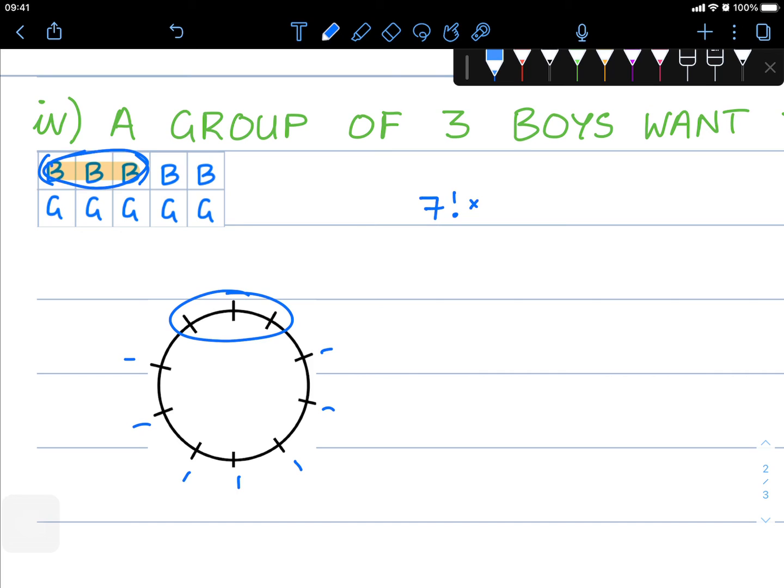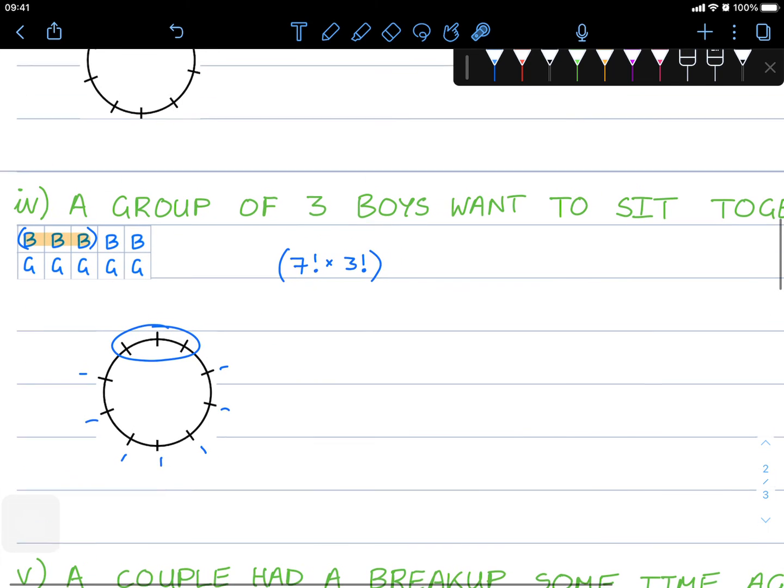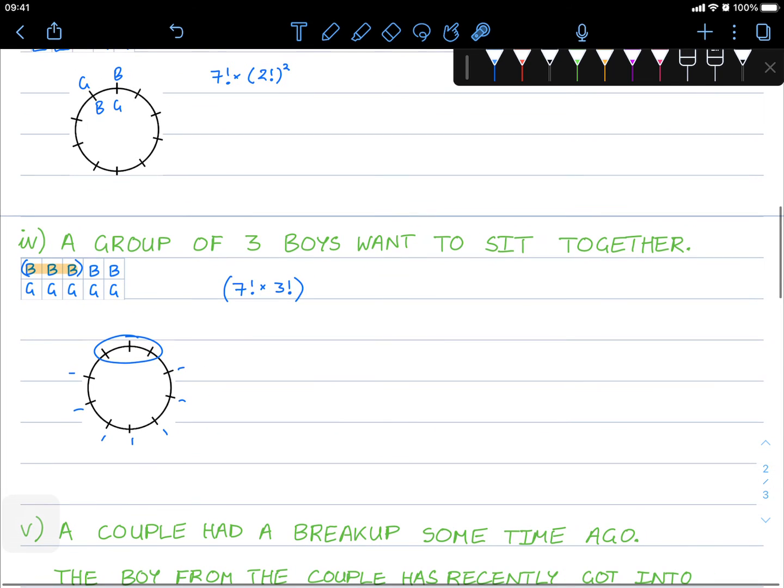With 3 objects, how many ways can we order them? There are 3 factorial more ways to order them. So in total, if there is a group of 3 boys that want to sit together, this is the total number of ways we can do it at a round table.